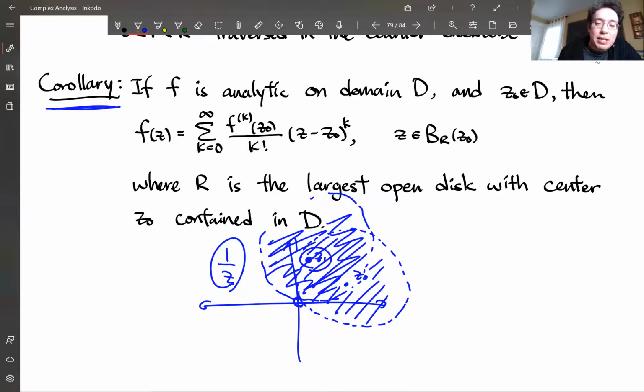So you can repeat this technique called analytic continuation. You could go anywhere in the domain, and then once you come close to the edge of the circle, you look at a new power series representation of that analytic function and get a new domain. And then you could extend the part where the function is defined.